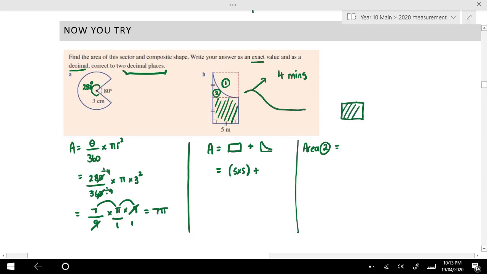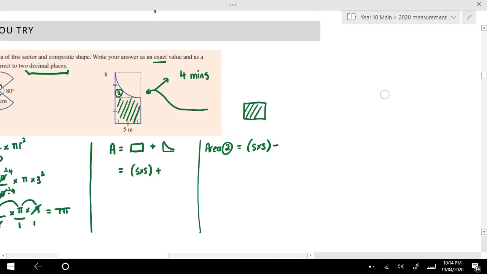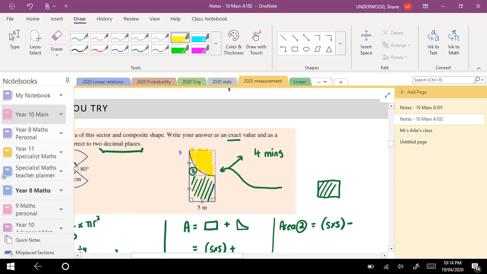That area of that square, this square here, as you can see, that's also 5 times 5. But then I need to subtract away. If I subtract away this shaded area here, let me get my highlighter out. If I subtract this area away from the square, that's going to give me my area 2.